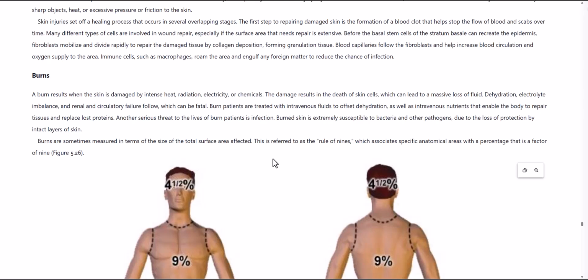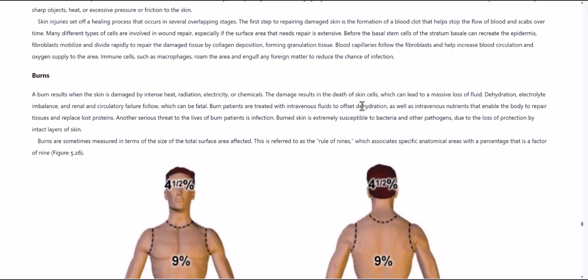Burns can be caused by heat, fire, explosions, radiation, electrical burns, chemical burns. And as a result of that damage, you're going to kill your skin cells. And it all depends upon what layers of the skin are affected. Is it the epidermis, the dermis, or both? That is going to give us different levels of a burn.